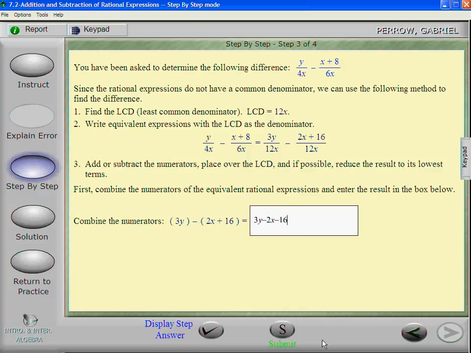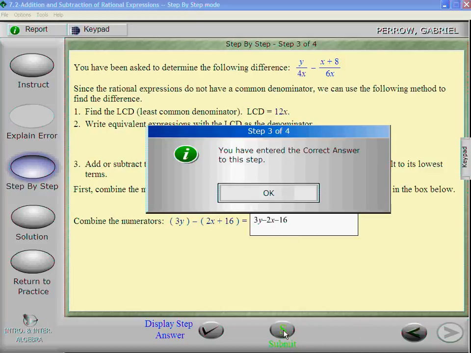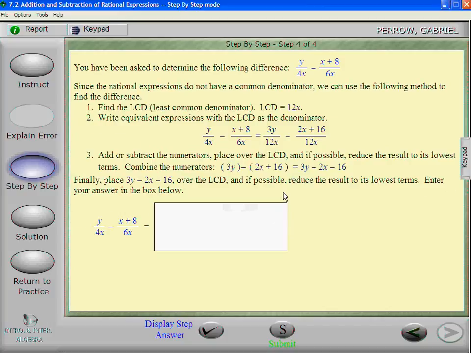So those are the numerators, simplified as far as we can go. I certainly can't factor that, like pull anything out that's common, anything like that. So I'll say 3y minus 2x minus 16 over the common denominator of 12x. And we're done.